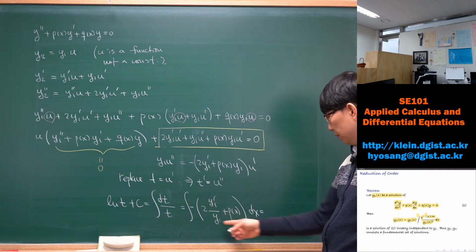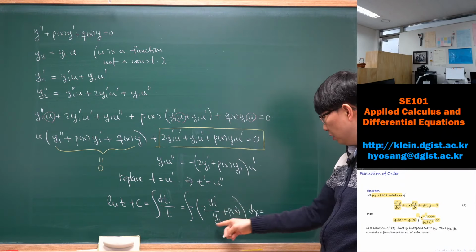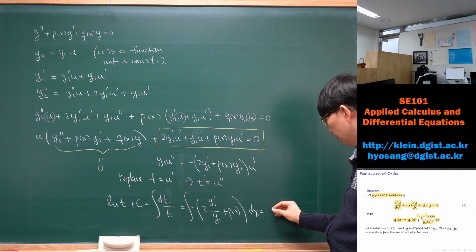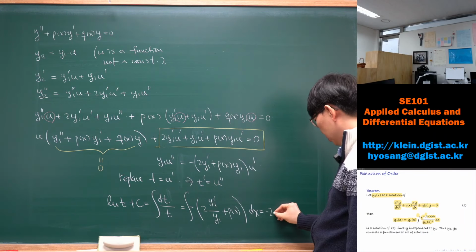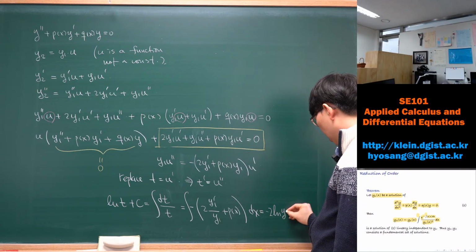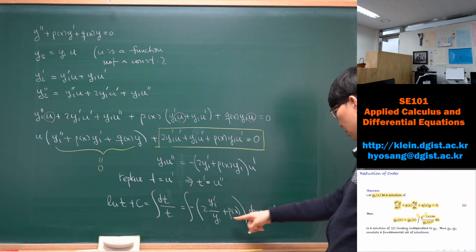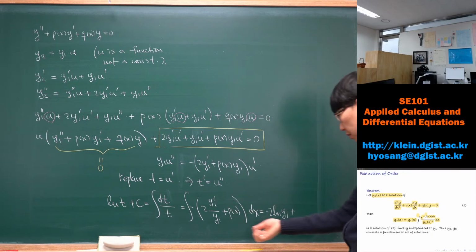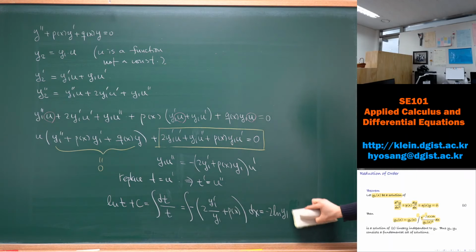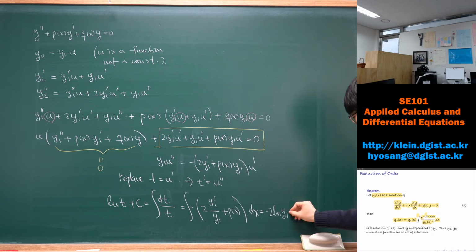And how about this part? The first integrand becomes -2 ln y1, and the integral of p(x) is unknown, so let's leave it as the integral sign, ∫p(x)dx.